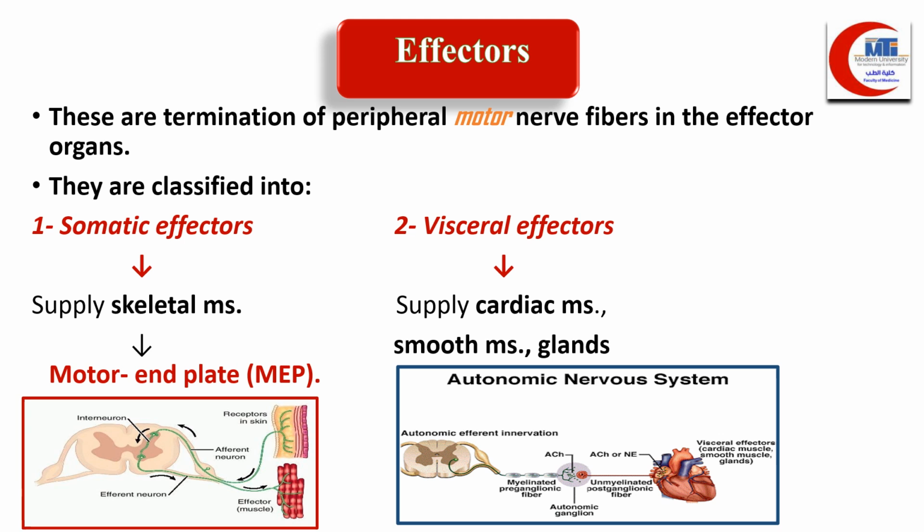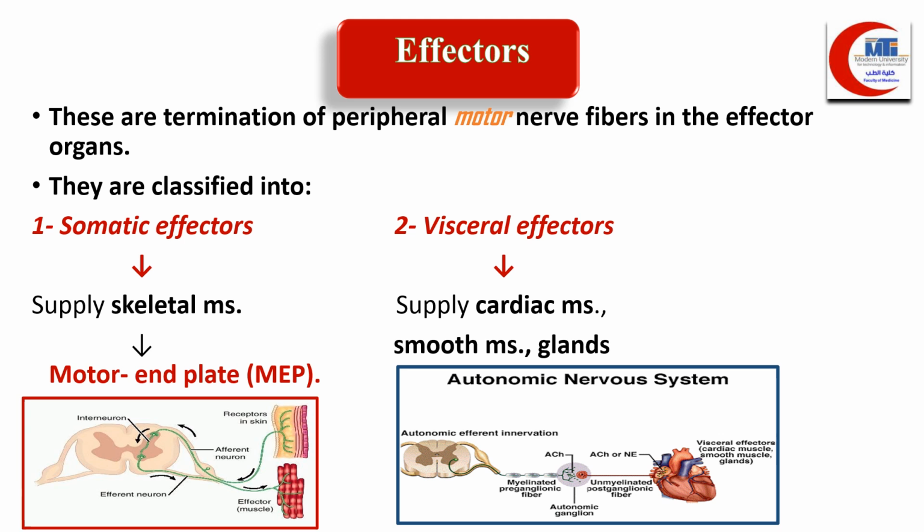Let's talk about effectors. These are terminations of the peripheral nerve fiber. Which peripheral nerve fiber, sensory or motor? No, motor. Motor nerve fiber in the effector organ. They are classified into two types, somatic effector and visceral effector. What about somatic effector?